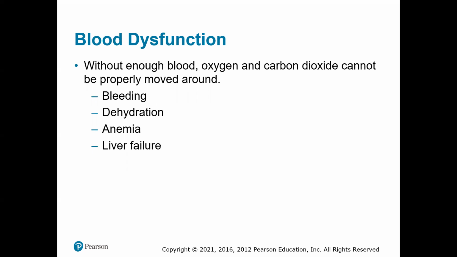Maybe the cells are shriveled up and the structures inside the cell are not able to function. It could be caused by anemia, so there's not enough hemoglobin or oxygen carrying ability in the blood itself. And it could be liver failure, unable to get substances in and out or filtered through the blood.